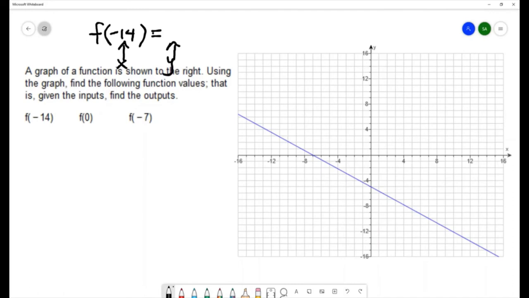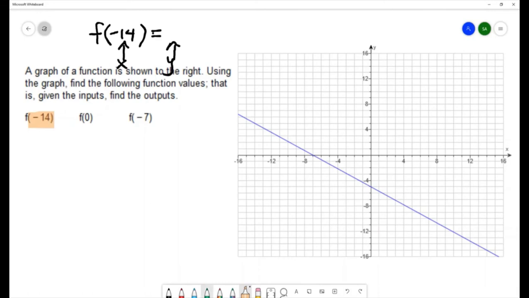So because we've been provided a graph with ordered pairs, there's no calculation needed. We would just read the graph looking for an x value of negative 14, and then we can record what the y value is at that point.